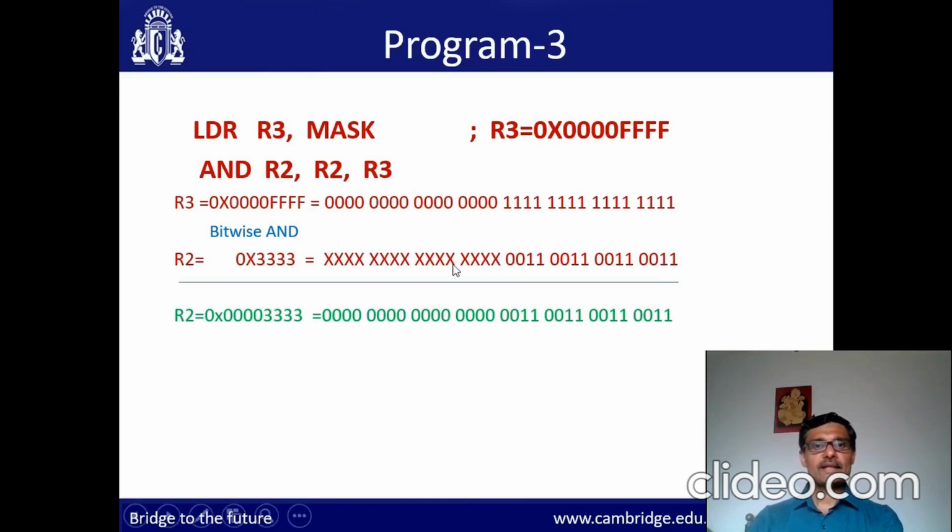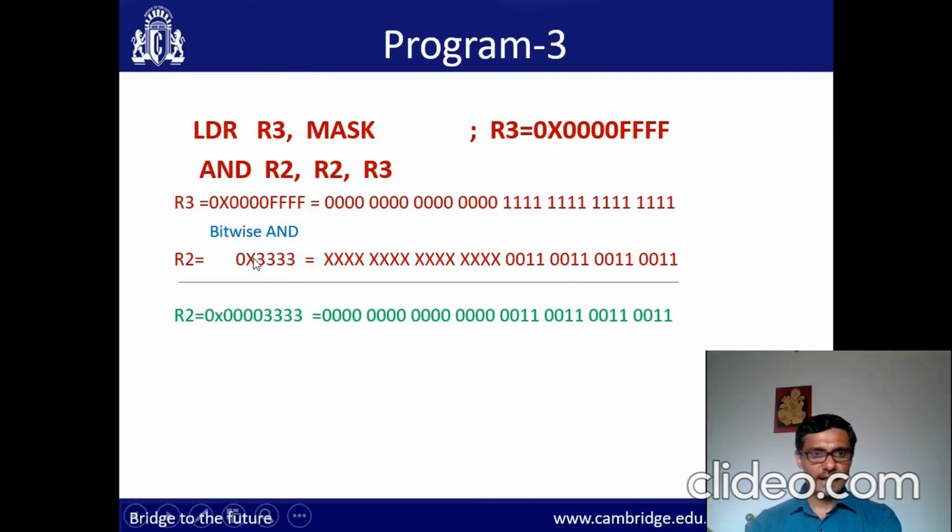But what will be there in the higher 16 bits of R2? We have not copied anything to that, so some junk value will be there. Here I have taken X, X, X, X, because they are don't care values. They are nothing but junk values. The upper 16 bits in R2 are junk values, and the lower 16 bits are the contents copied from the memory location.